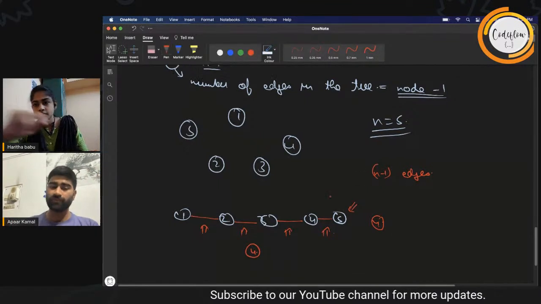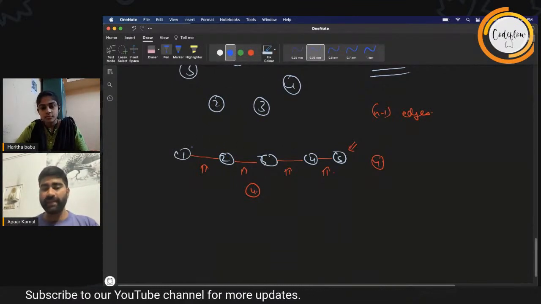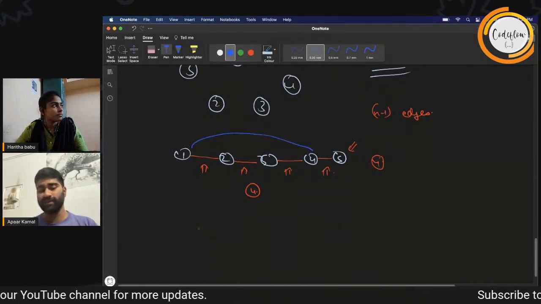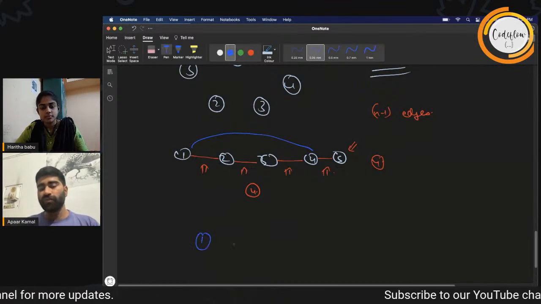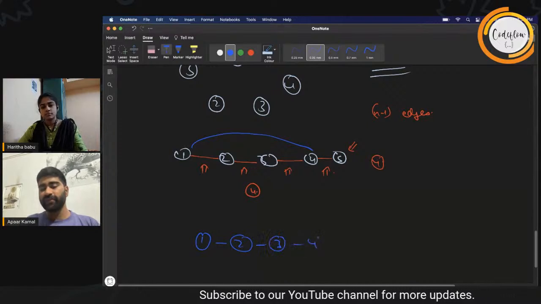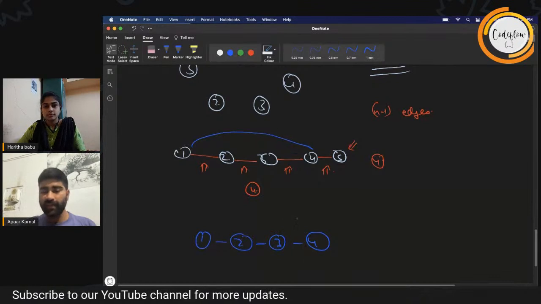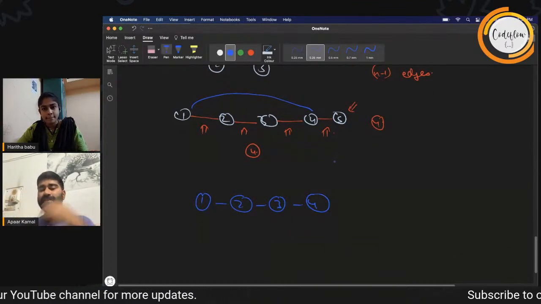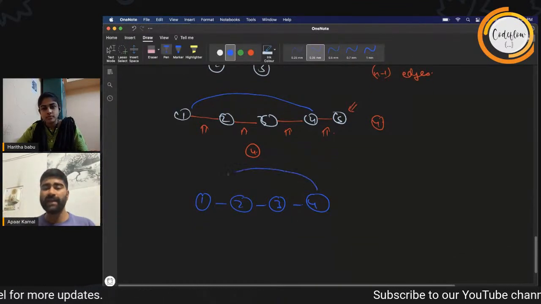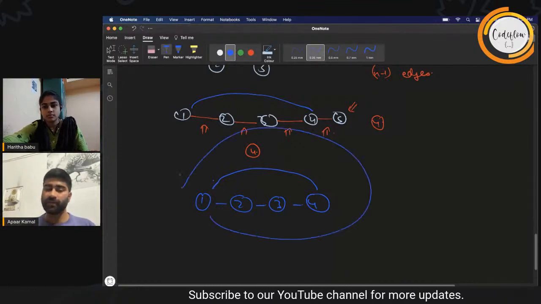Why is that so? It's a very simple logic, guys. If I add an edge from 1 to, let's say, any node, we know that 1 to 4 were already connected by 3. So there was already a connected path from 1 to 4. Now I've got a second path, a returning path, by adding an edge from 4 to 1, so this whole thing is a cycle now, right?